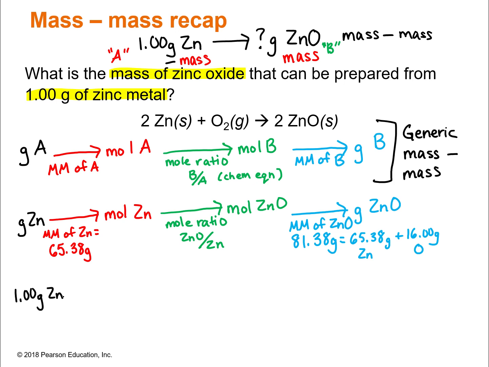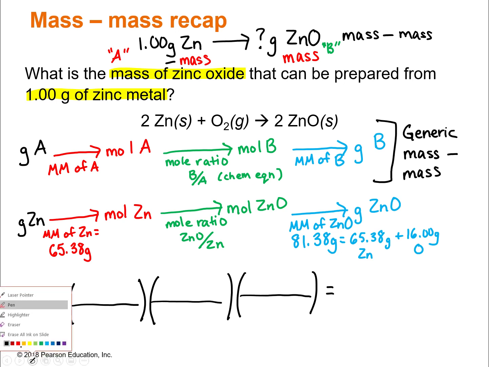We started with 1 gram of zinc. If you're into colors like I am, stoichiometry, this whole chapter, have your color pencils and your markers or your highlighters, whatever you use, because we're going to be doing the same thing this week.